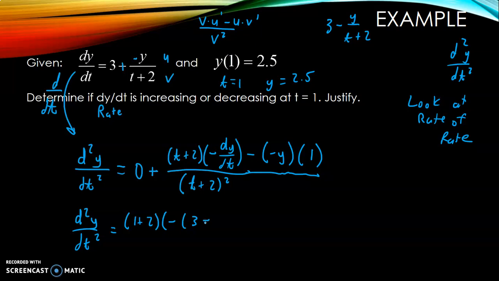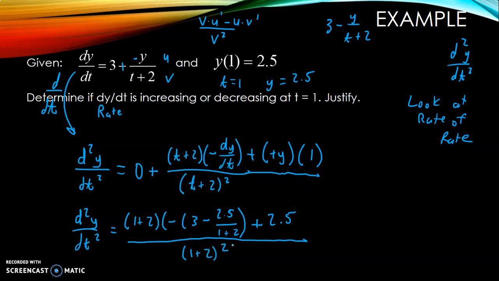So 3 minus, I'm going to plug things in right now, 2.5 over 1 plus 2. So this is my negative dy/dt. This is basically just plus y, so plus 2.5 divided by (1 + 2) squared.